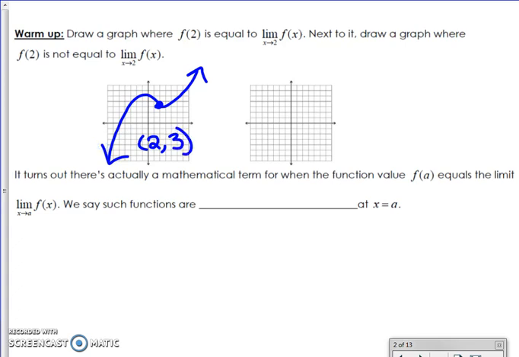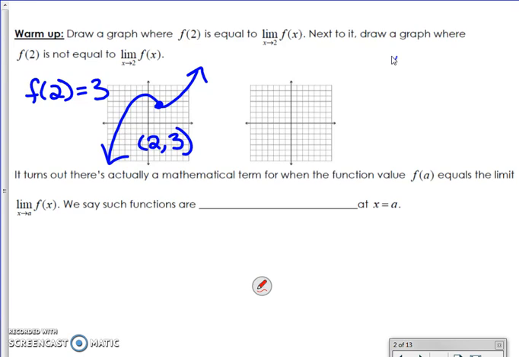So in this graph, f of 2 equals 3, but also the limit exists because as I approach 2 from the left, I'd be coming in at 3, and when I approach 2 from the right-hand side, I would also be approaching 3. So that is a case where f of 2 and the limit of f of x as x approaches 2 are the same. And then next to it, I'm going to draw one where they are not the same.